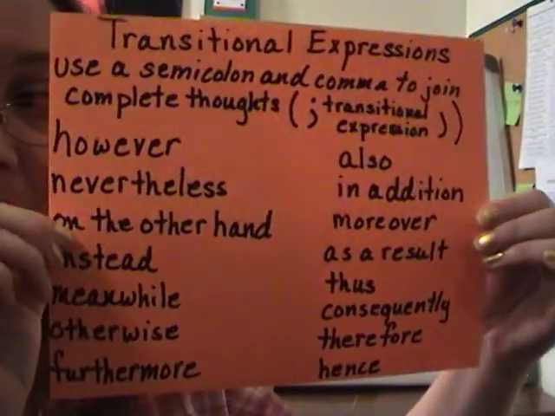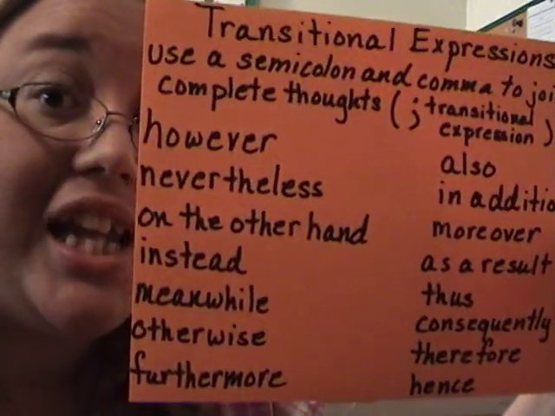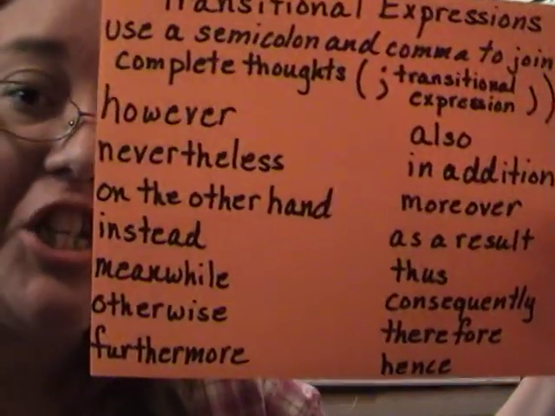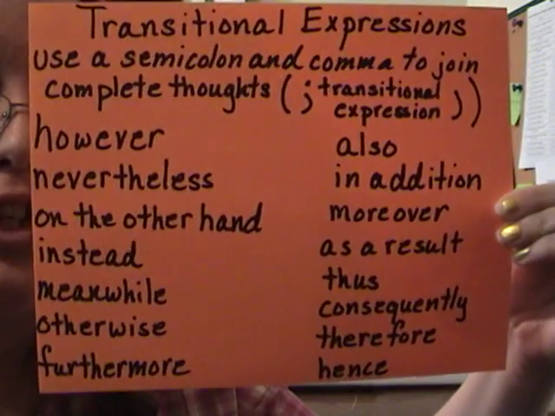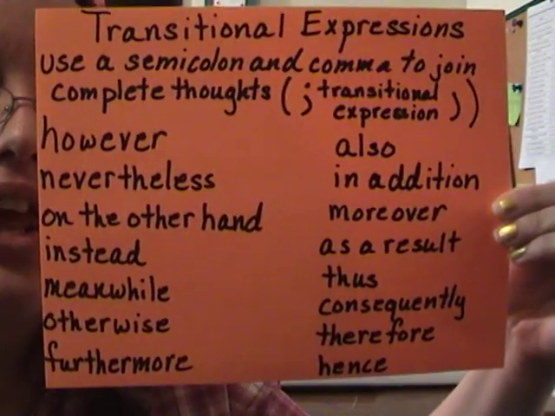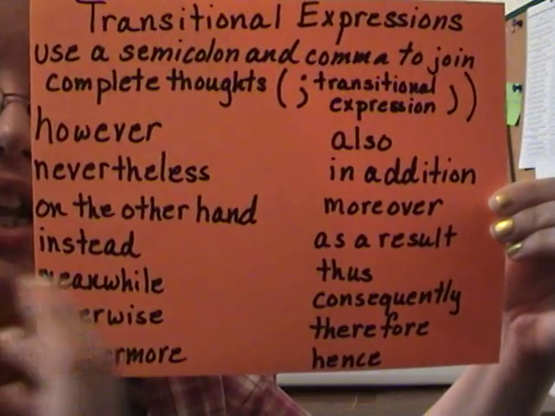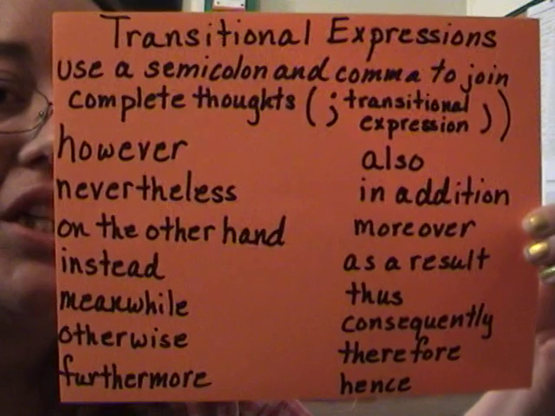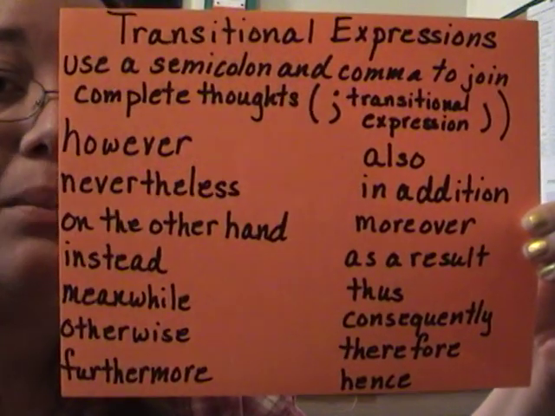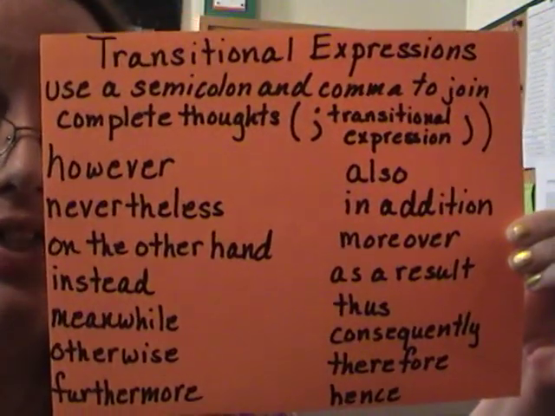Transitional expressions, this is in no way an exhaustive list, but these do tend to be the most common: words like however, therefore, furthermore, on the other hand, instead, meanwhile. All of these words can be used in between complete thoughts to join ideas together.